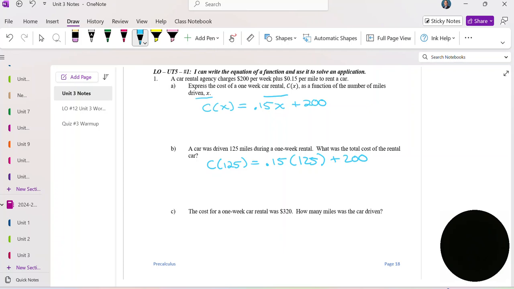So 125 times 0.15 gives you 18.75 plus 200. So it gives you $218.75.